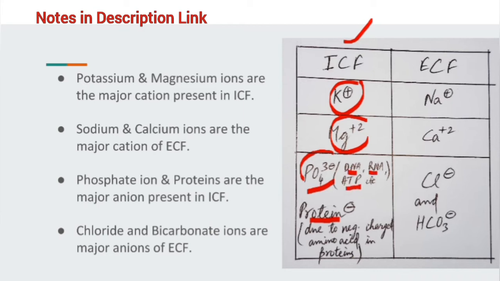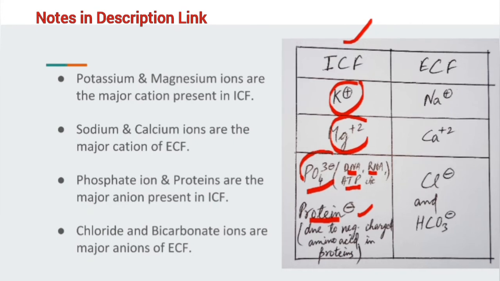So that's why phosphate anion is higher in the intracellular fluid. Proteins are also negatively charged molecules. We know that proteins are produced in the cell through translation. So that's why proteins are the abundant anion present in the cell.